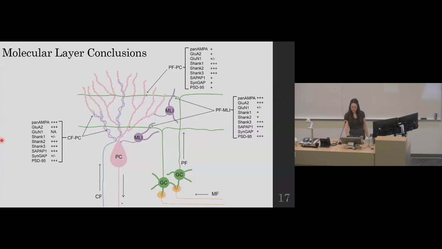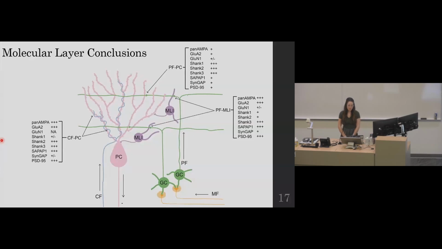The 3 SHANK proteins were differentially expressed, with SHANK1 at parallel fiber to Purkinje cell synapses, SHANK2 at parallel fiber to Purkinje cell and climbing fiber to Purkinje cell synapses, and SHANK3 at all 3 synapse types. These results showed that there are not only cell type specific differences in expression, but also input specific differences between parallel fiber to Purkinje cell and climbing fiber to Purkinje cell synapses.